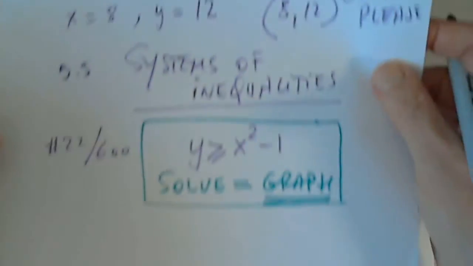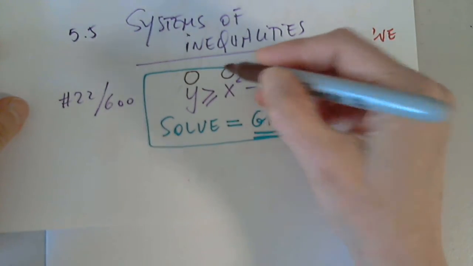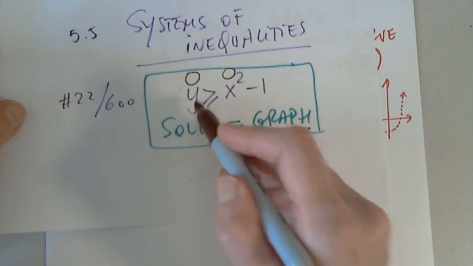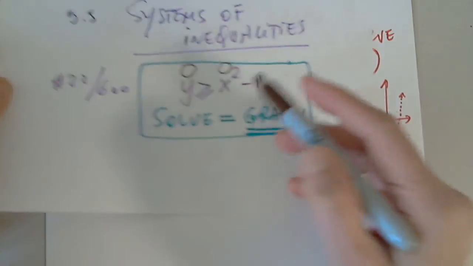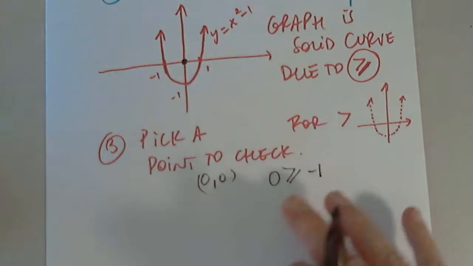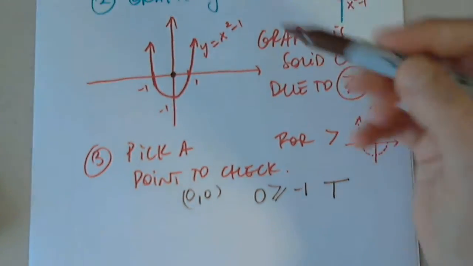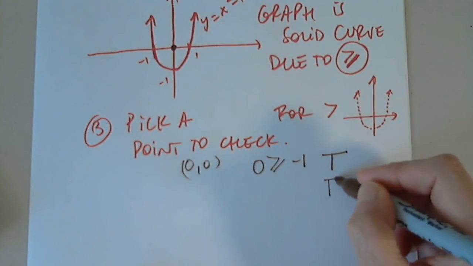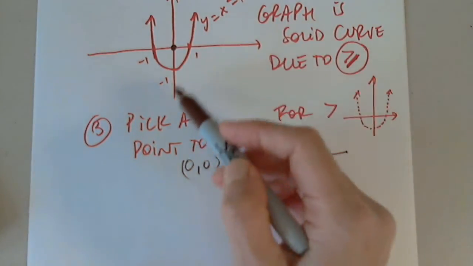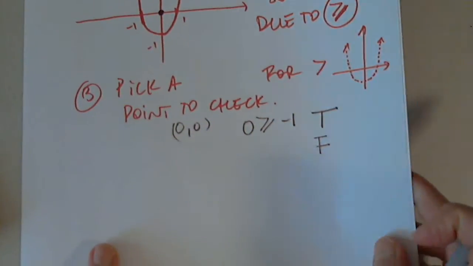So I go back to the inequality. And when I plug in 0 here and 0 here, the left-hand side is 0, greater than or equal to, the right-hand side is -1. If you say that this is true, I will shade in the inside. If you say that this is false, I will shade in the outside. Which one is it?